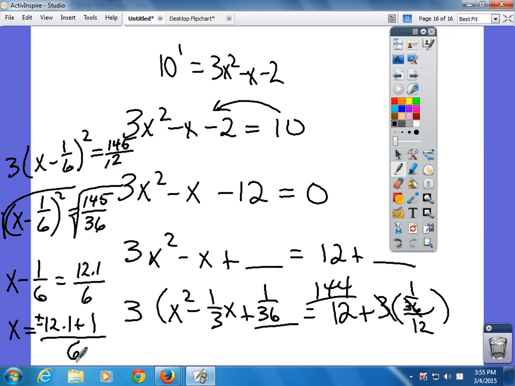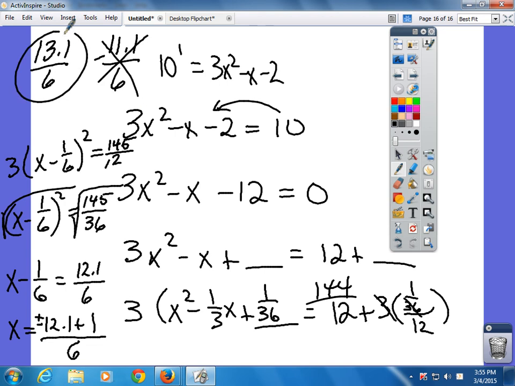I know we got 5 minutes left. 12.1 plus 1 is 13.1 divided by 6. And negative 12.1 plus 1 is negative 11.1 over 6. And what do we not want if we're taking the log? I think that one's going to be out.